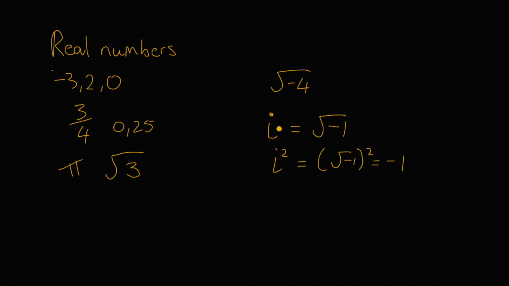If we know with the root laws that the square root of -4 is the square root of -1 multiplied by 4, we can also write that as the square root of -1 multiplied by the square root of 4.